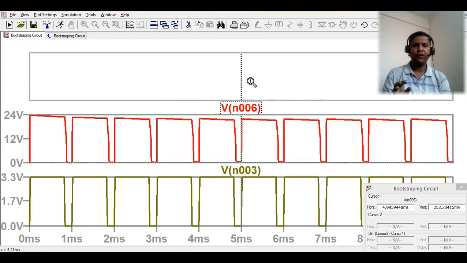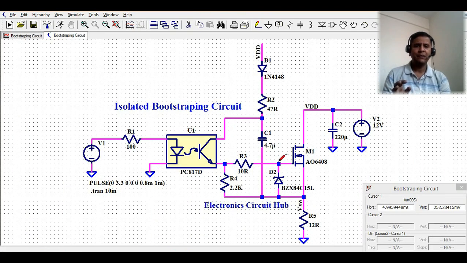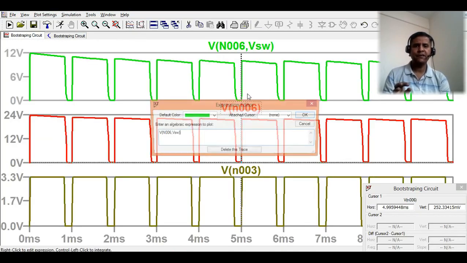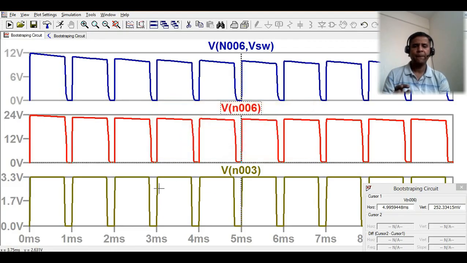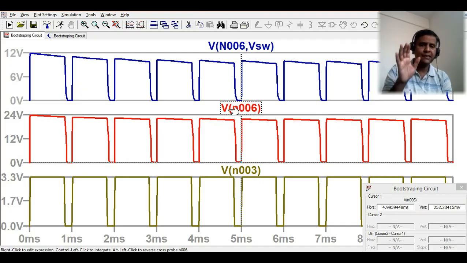Now let's look at the signal between MOSFET gate to source. What you see here is your MOSFET gate to source signal, and this is 12 volt. Your signal coming from the microcontroller is 0 to 3.3 volt. The MOSFET gate to ground signal is 24 volt.